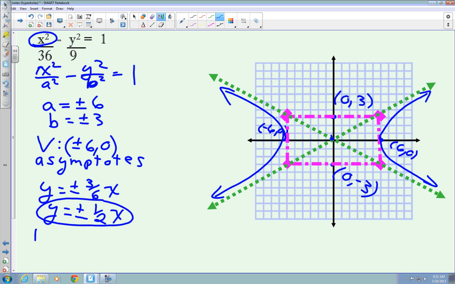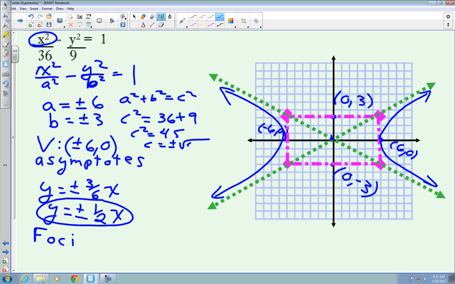And then I need my foci. So my foci, come back up here, a squared plus b squared equals c squared. So c squared equals 36 plus 9. C squared equals 45. So c equals plus or minus the square root of 45.